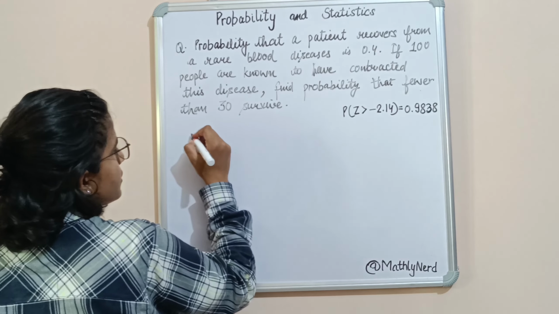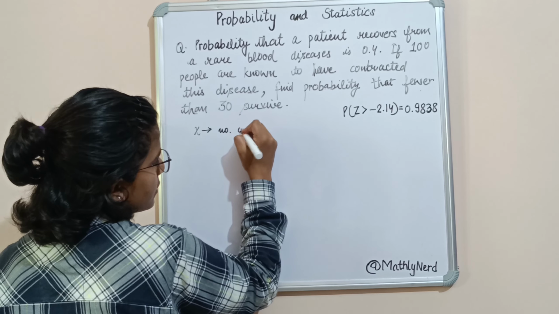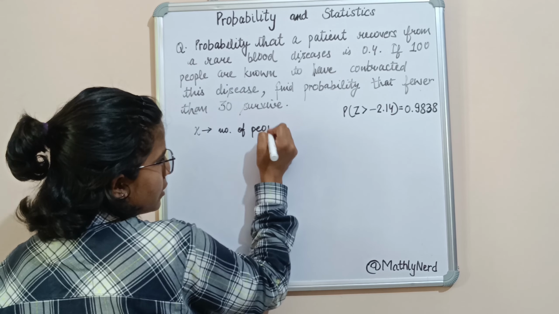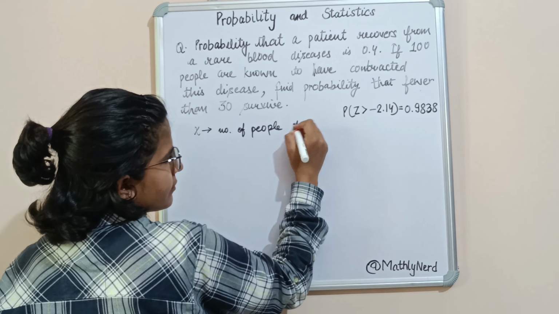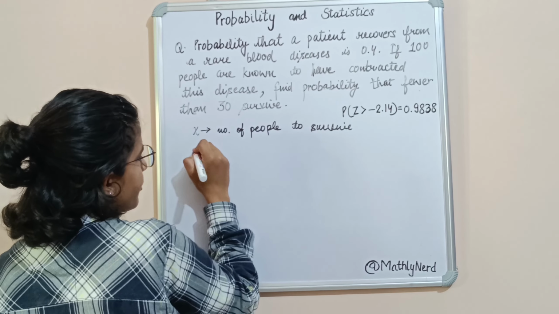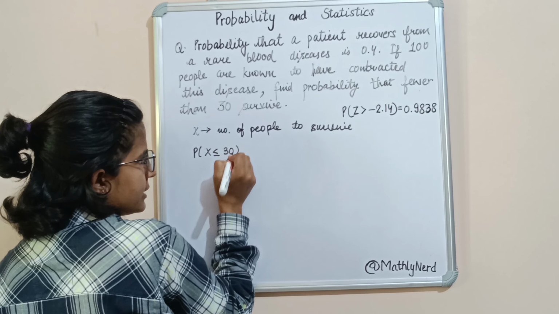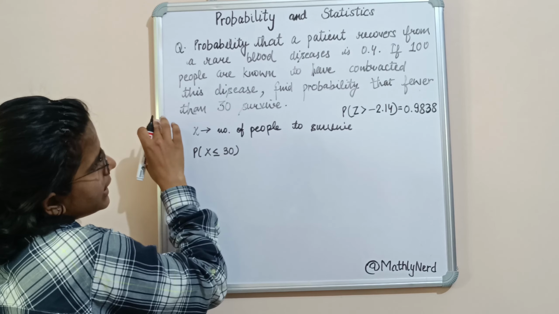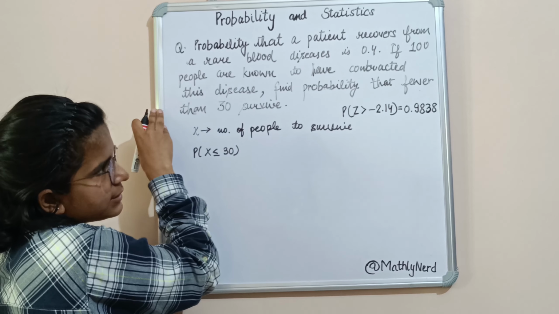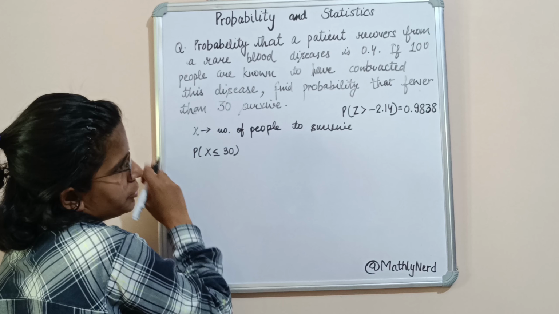If X is the number of people to survive, then we have to find the probability of X less than 30. Initially this was a binomial distribution, but now we have to solve it like a normal distribution.